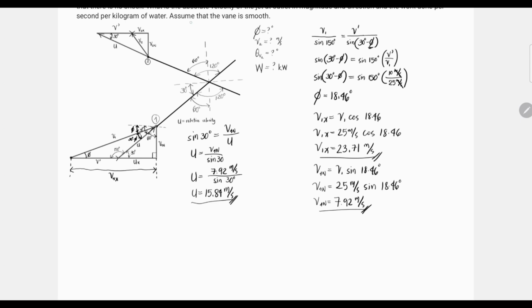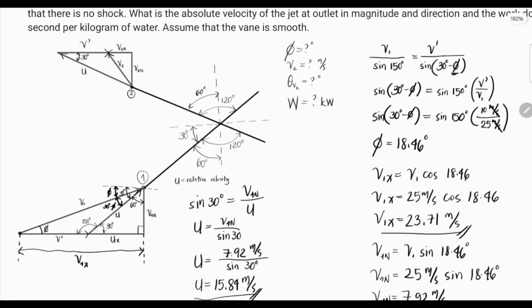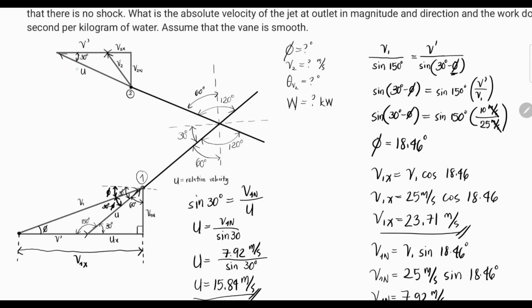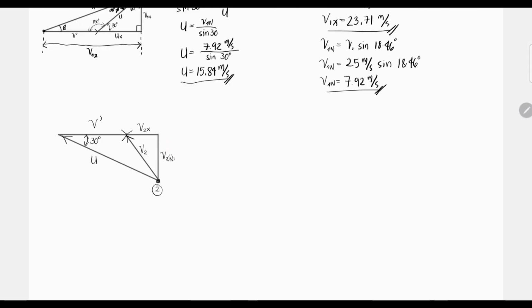So, sa point 2, since yung vein natin is smooth and therefore frictionless, yung ating U at point 1 is also the same sa U natin at point 2. Therefore, the value for our U is 15.84 din dito. And then the V prime is same as the V prime at point 1, which is 10 meters per second. Now, to solve for V2N, we can use the value of U and the value of our angle. So, V2N is equal to U sine 30. Paano nangyari yun?